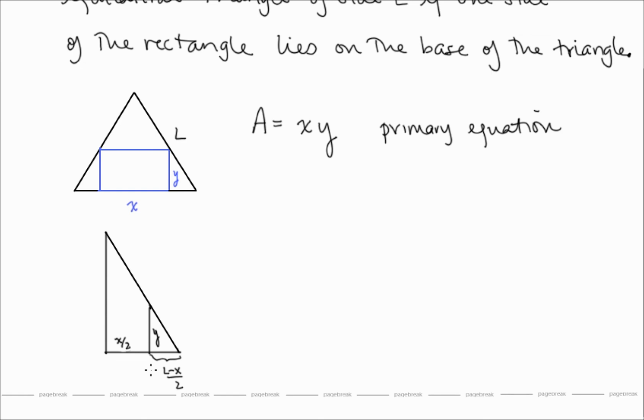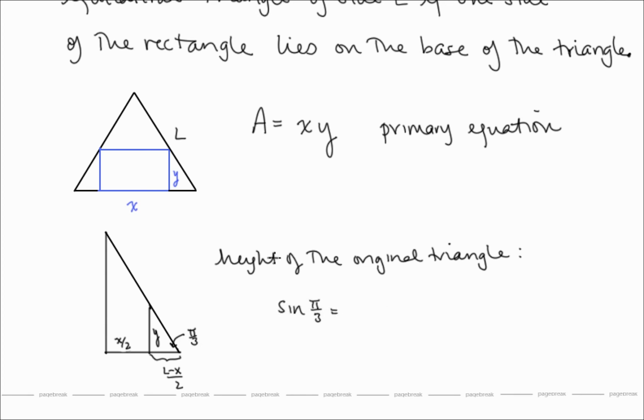So to use similar triangles, we almost have enough information. We're just missing the height here of this equilateral triangle. We know that this angle is 60 degrees or pi over 3. And so sine of pi over 3 is going to be the height of that triangle. We'll call that h for a second. It is h over length L, the side length L we have here.